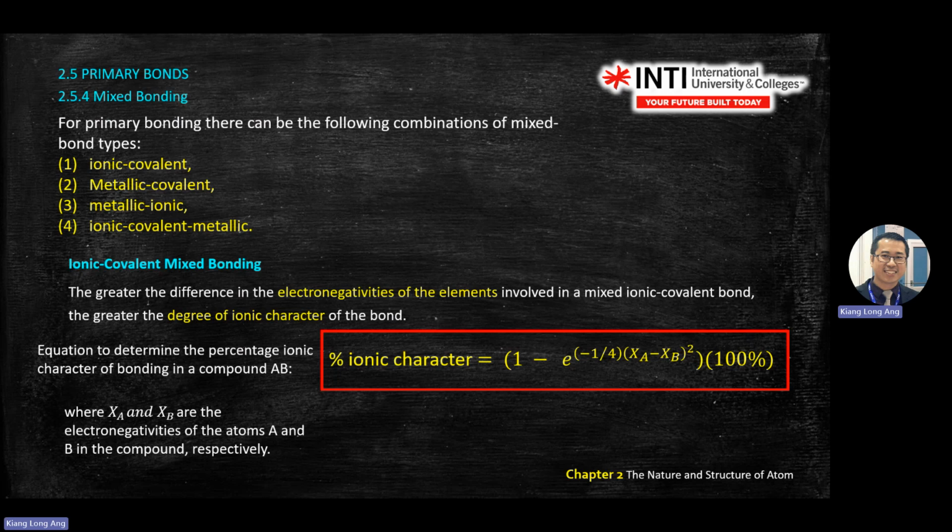This one you also read from the table. There's a chart for you to read these two numbers. This one is called the Pauling equation. Sometimes the question will say, based on the Pauling equation, calculate the percentage of ionic character for this element.